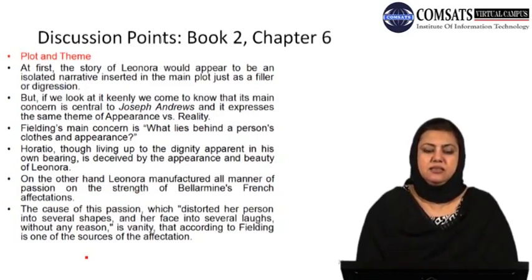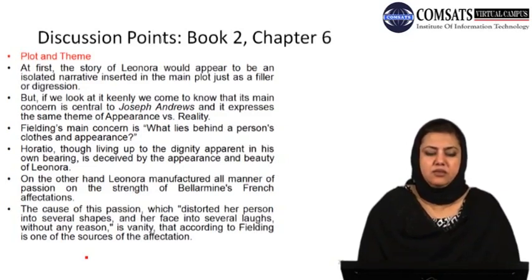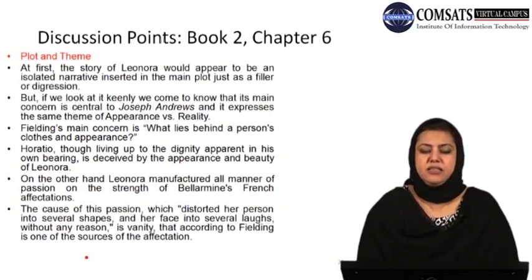Fielding's main concern is what lies behind a person's clothes and appearance. And this is what he shows through the whole story of Leonora. Horatio, though living up to the dignity apparent in his own bearing, is deceived by the appearance and beauty of Leonora. On the other hand, Leonora manufactured all manner of passion on the strength of Bellarmine's French affectations.